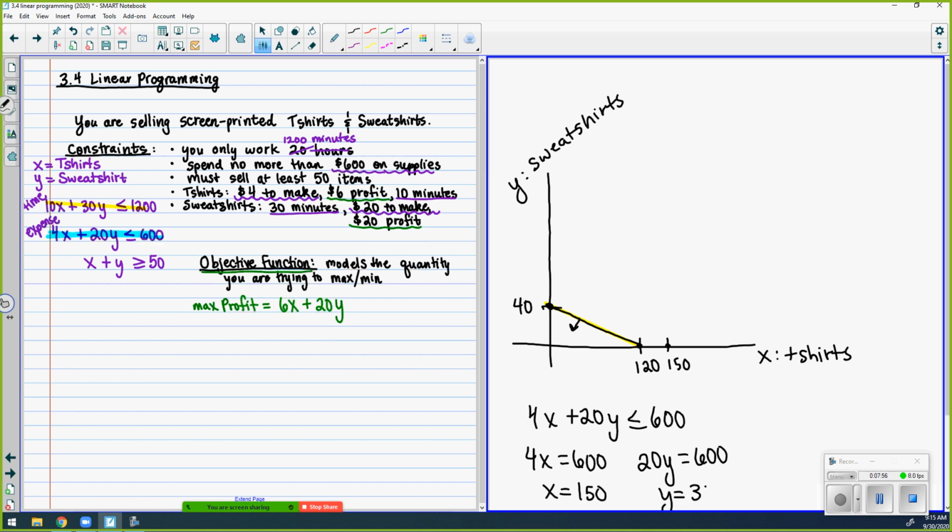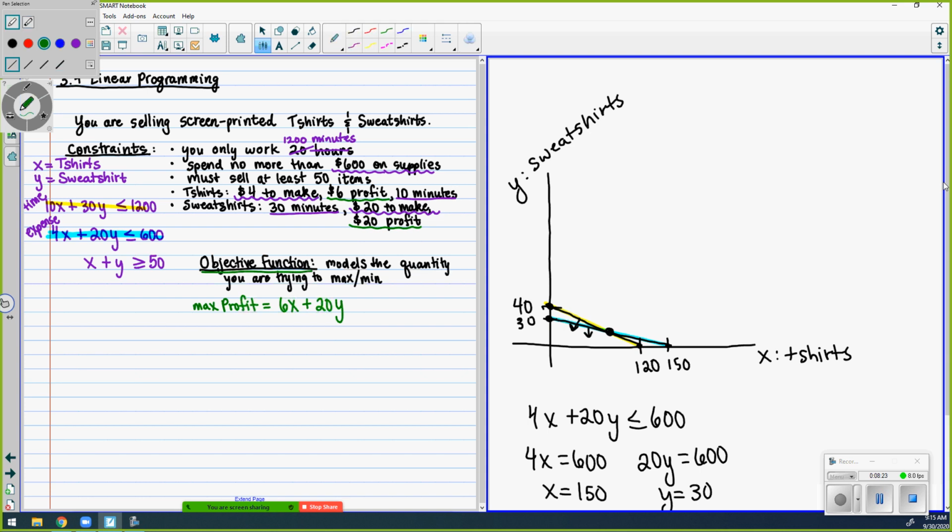Y would be equal to 30, and that puts me right about here, we'll say. Connect those 2 points. They intersect right here. I'm not sure what that is, but we'll come up with that in a minute. And then, of course, I would be underneath again because I have to stay under $600 in expenses. Go ahead and highlight that next line, and you have it color-coded over here with blue and expenses.